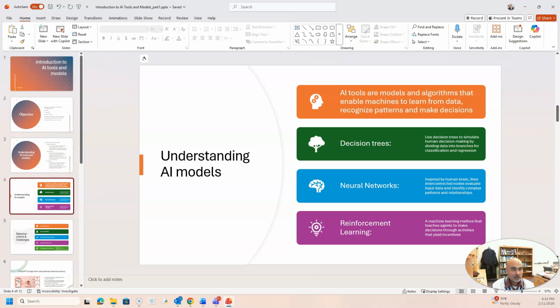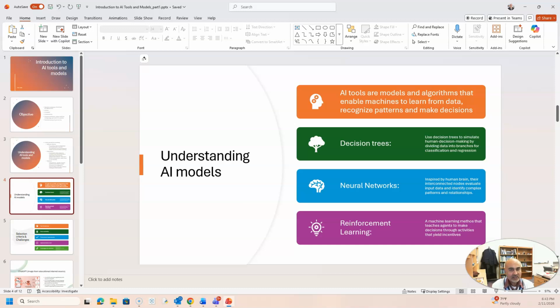Let's talk about some of the models. AI tools and models are algorithms that enable the machines to learn from the data. They can understand and recognize patterns and make decisions. And understanding these models is key to leveraging the full potential of these AI technologies.